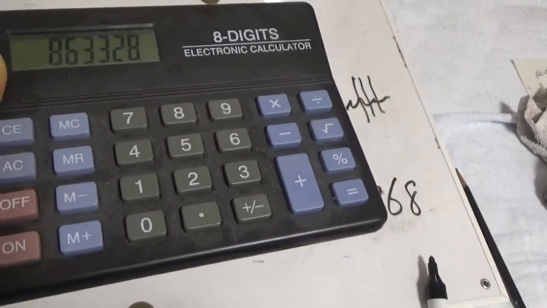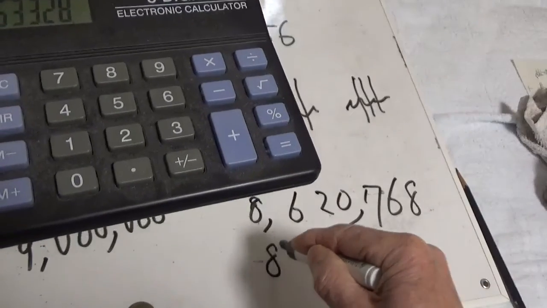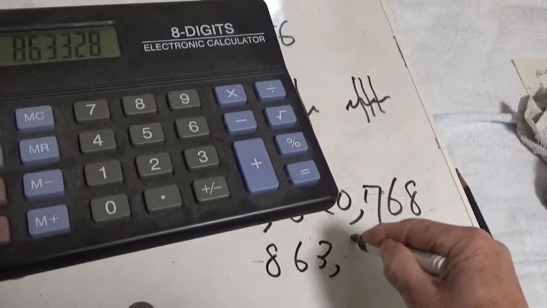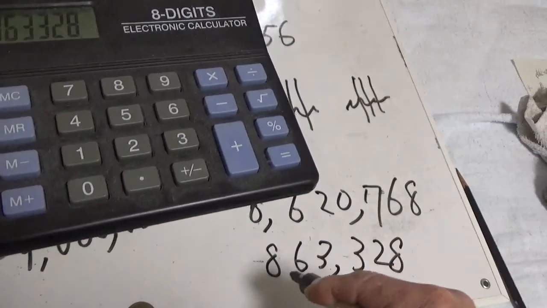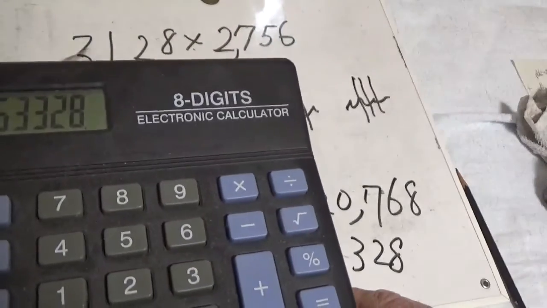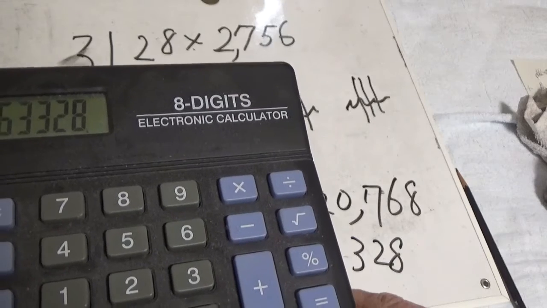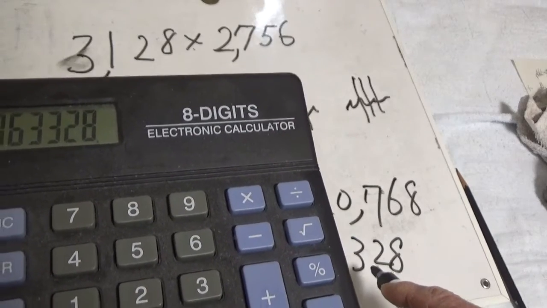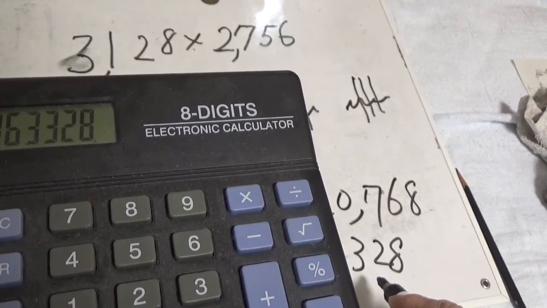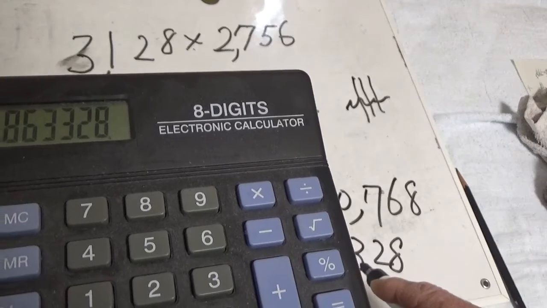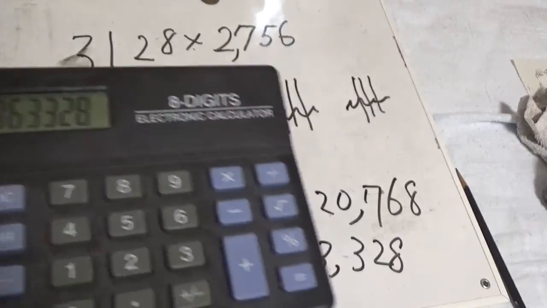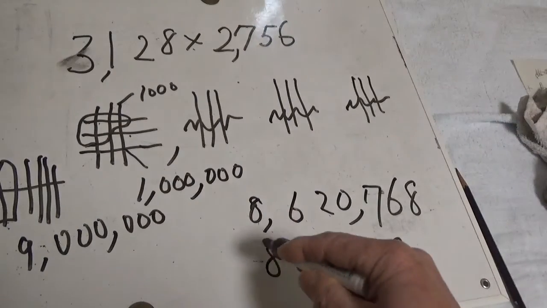The answer is 863,000 and 836,328. Apparently it is a wrong answer.